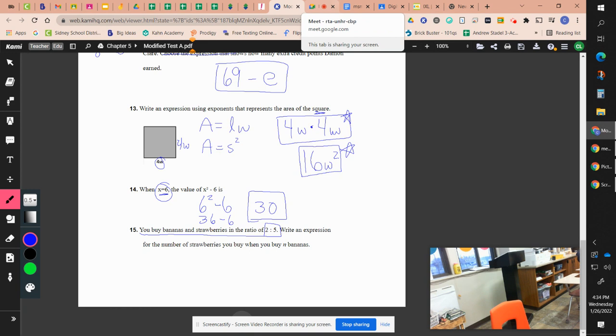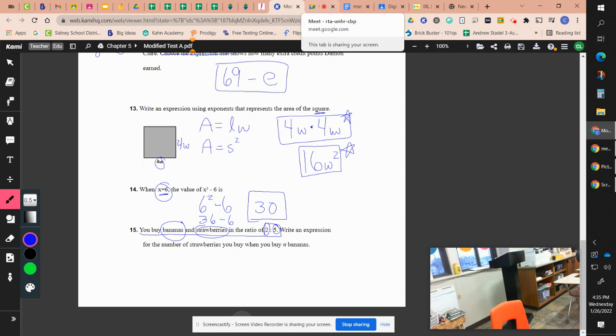So which one stands for the bananas and which one stands for the strawberries? Well, they said bananas first, so the bananas, the 2 number. They said strawberries second, so strawberries is the 5 number. And they want to know if you can write an expression for the number of strawberries you buy when you buy n bananas.